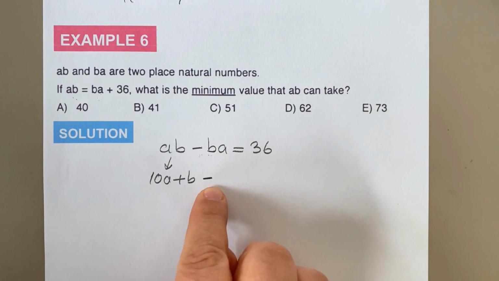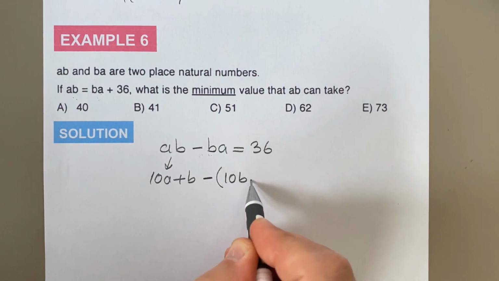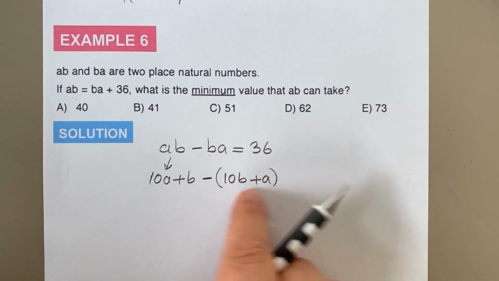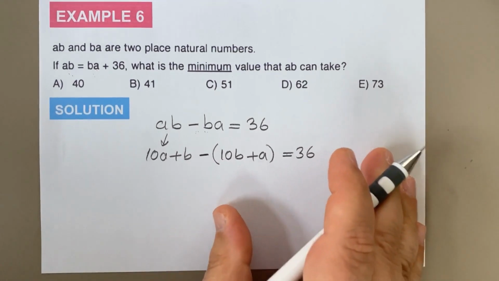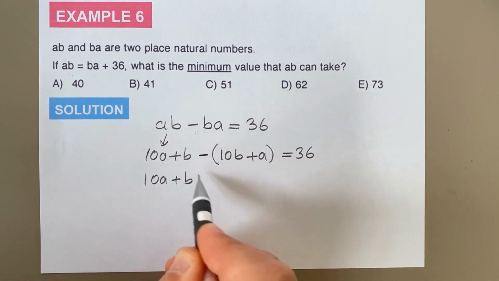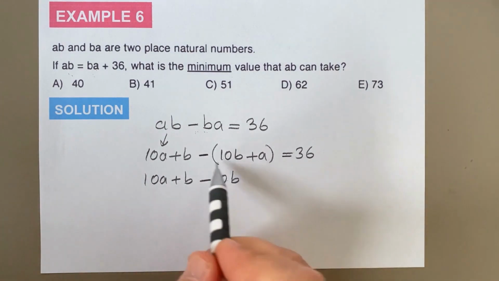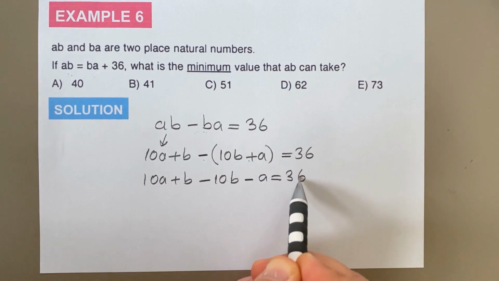Since it's negative, you need to open the parentheses. Minus the quantity 10B plus A. You need to open the parentheses for negatives. I'm writing this down: 10A plus B. I'm distributing the negative: negative 10B. Pay attention to this. Multiplying negative and positive: negative A also equals 36.